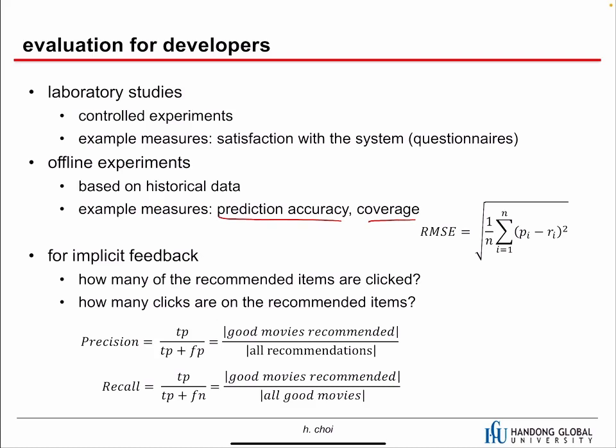So far, we talked about explicit feedback. When there is explicit feedback, we can try to estimate the feedback. But if it is implicit feedback, there's no such thing. So we cannot evaluate the recommender system based on accuracy or RMSE, because the question is how many of the recommended items are clicked, or how many clicks are on the recommended items.